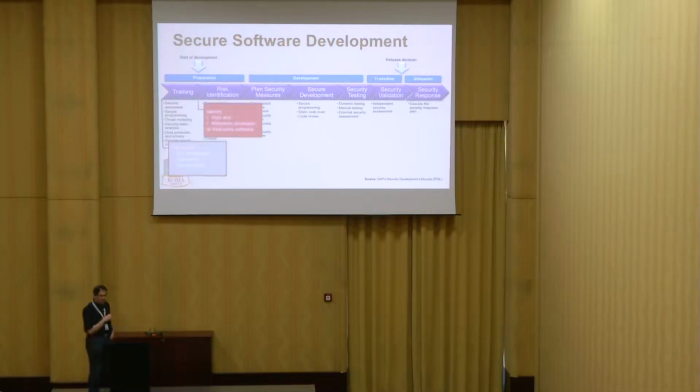If you go to the risk identification step, it just continues. You also need to assess the risk of using certain third-party libraries, and that risk is not a general one. There's not one risk associated with using Tomcat or jQuery. It heavily depends on how you use it in one particular product that consumes that third-party library.